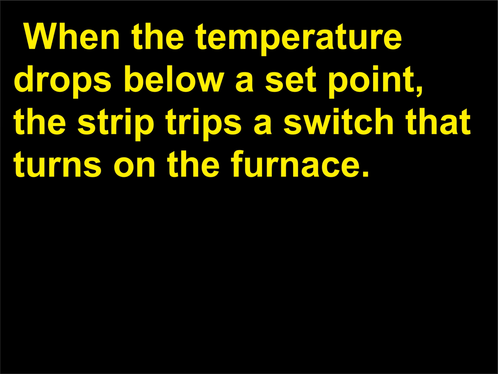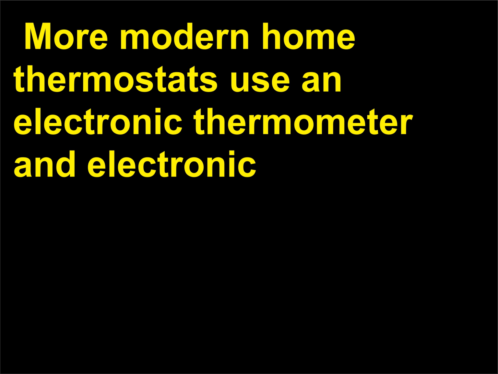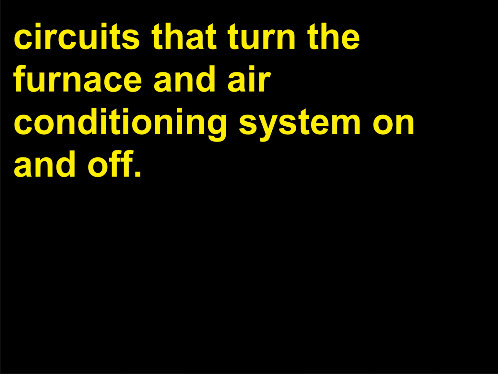When the temperature drops below a set point, the strip trips a switch that turns on the furnace. More modern home thermostats use an electronic thermometer and electronic circuits that turn the furnace and air conditioning system on and off.